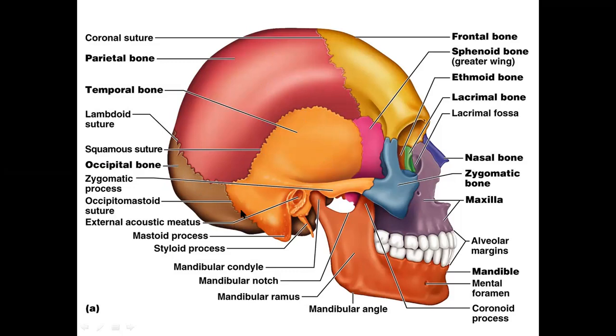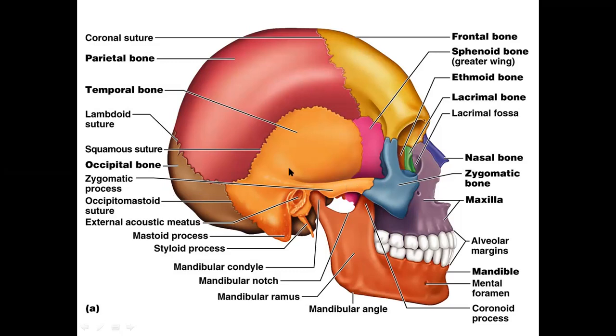Now see, this is the zygomatic bone, and this arch you are finding here is the zygomatic process, or the zygomatic arch. The zygomatic process of the temporal bone and the temporal process of the zygomatic bone together form an arch like this, which is called the zygomatic arch.